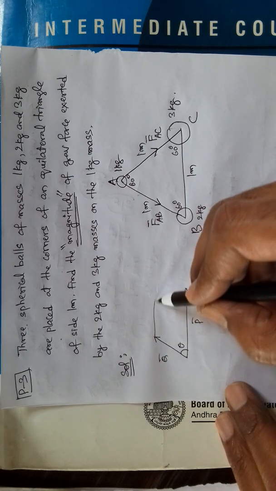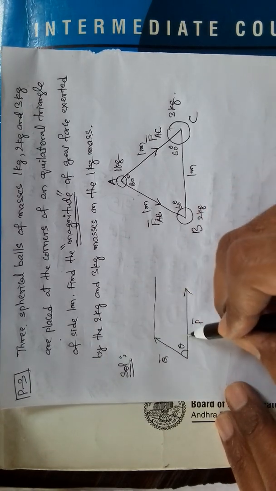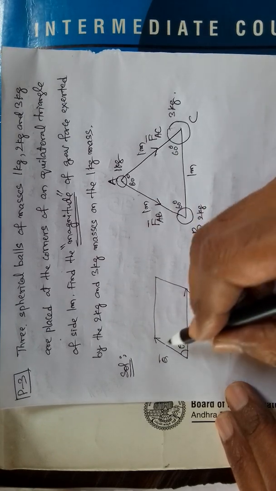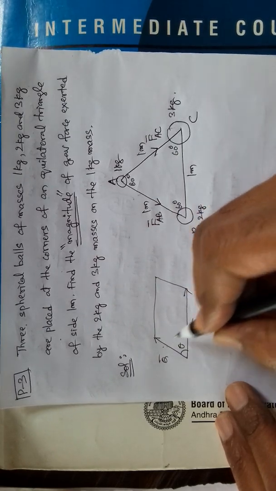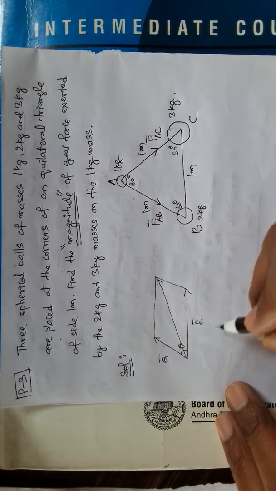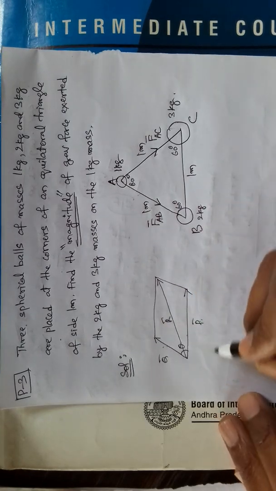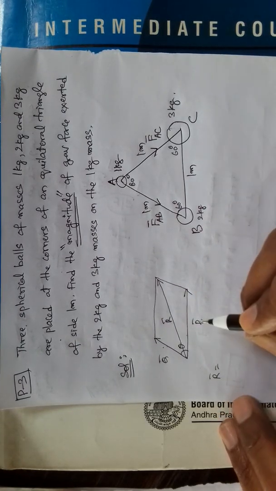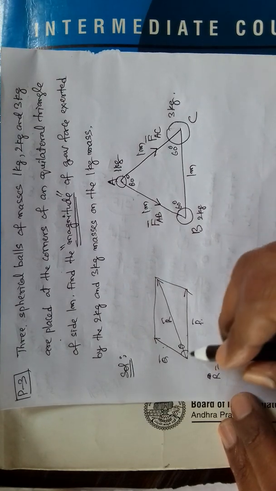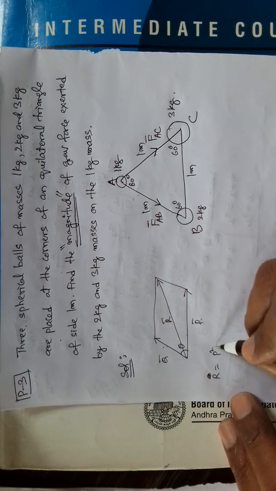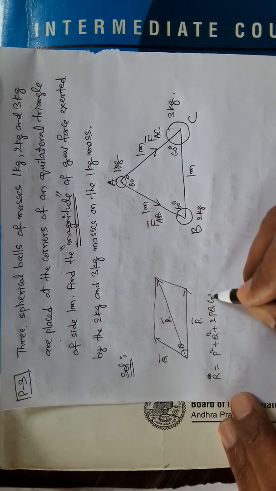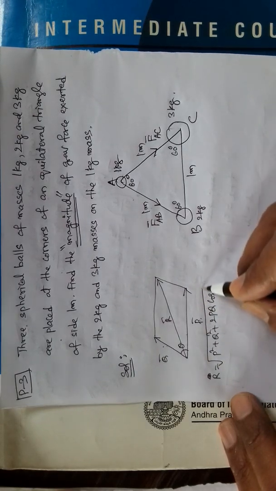Now taking these as adjacent sides, we can construct a parallelogram, and the sum of these two forces, the resultant of these two forces, is represented by the diagonal, and it is given by under root of p square plus q square plus 2pq cos theta.